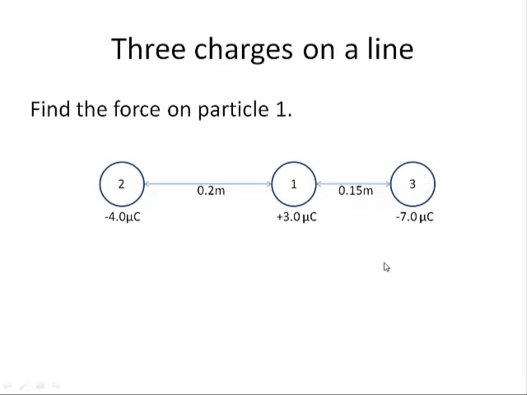So if we were to draw a free body diagram of particle 1, then since particle 1 is positive and particle 2 is negative, we're going to see that particle 1 is attracted to particle 2. So this is the force on particle 1 due to particle 2.